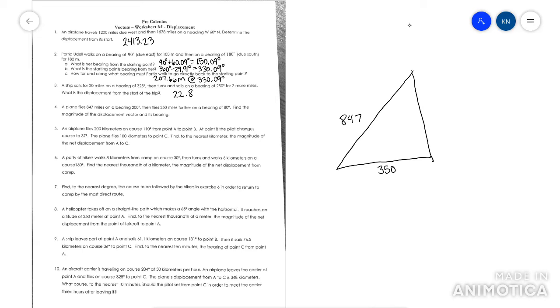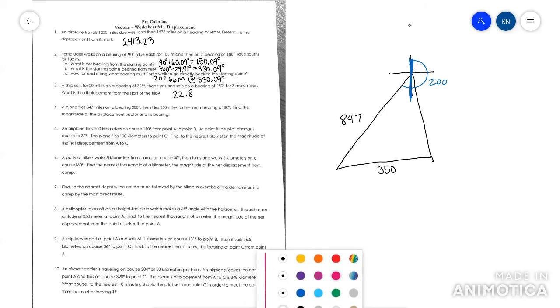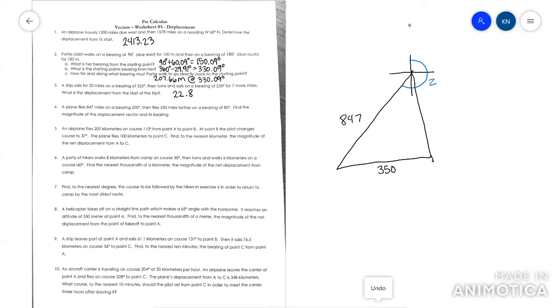Now from the initial point, it was at 200 degrees, right? This was 200 degrees. Well, here's 180, right? That means this pink portion of it is 20 degrees. This right here is 20 degrees: 200 minus 180.